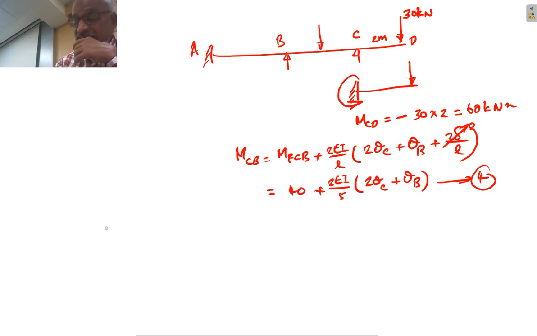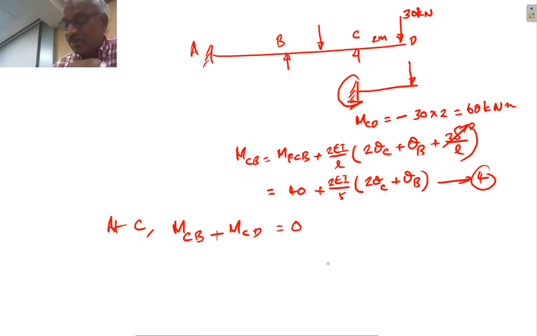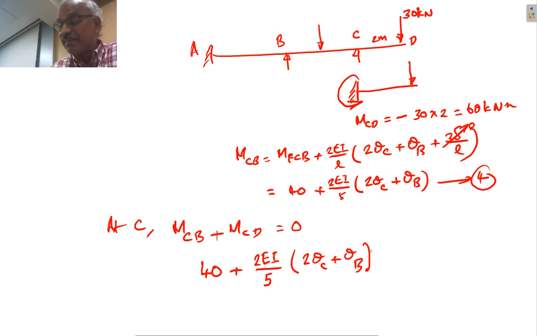Now here at C we know MCB plus MCD equal to 0. So the only change is here MCB is 40 plus 2 EI by 5 into 2 theta C plus theta B, which is your equation number 4, plus MCD.